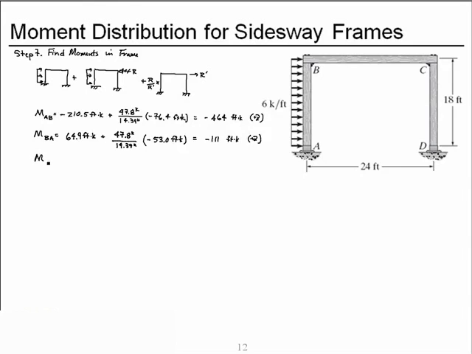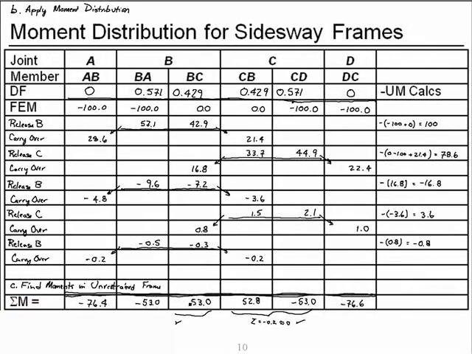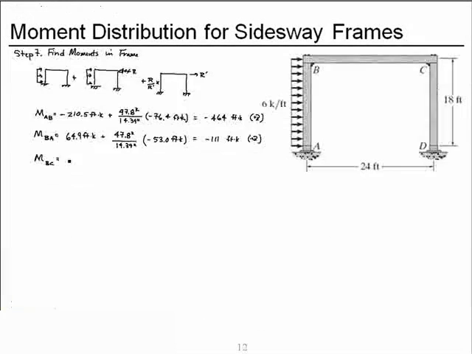Now, same node, but member BC. Even though we know these two numbers should be identical, and they're not, I'm not going to change what we calculated for our result. So I'm going to use the negative 64.5 for member BC at node B, and 53 in the unrestrained frame.